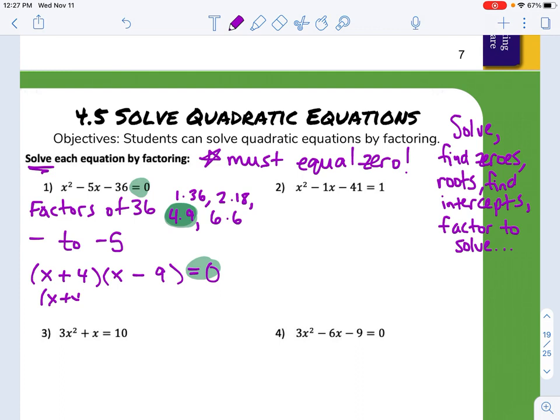To solve these, we just set each parenthesis equal to 0. So we solve for x on each of these, so x is going to equal 9. And x will equal -4.